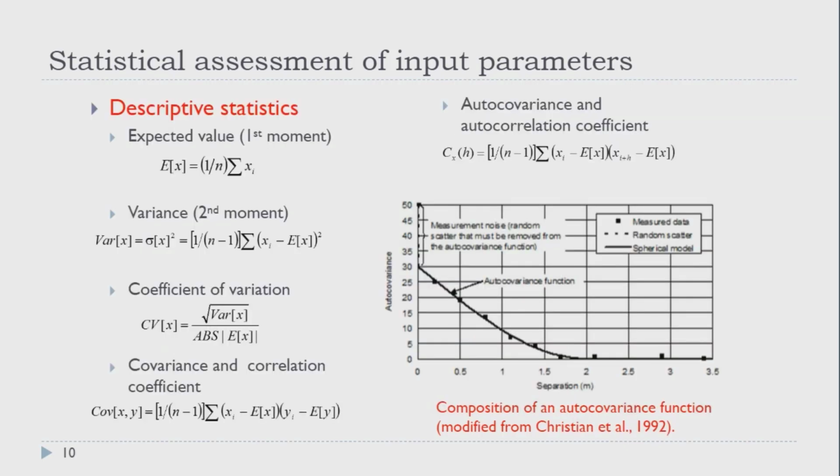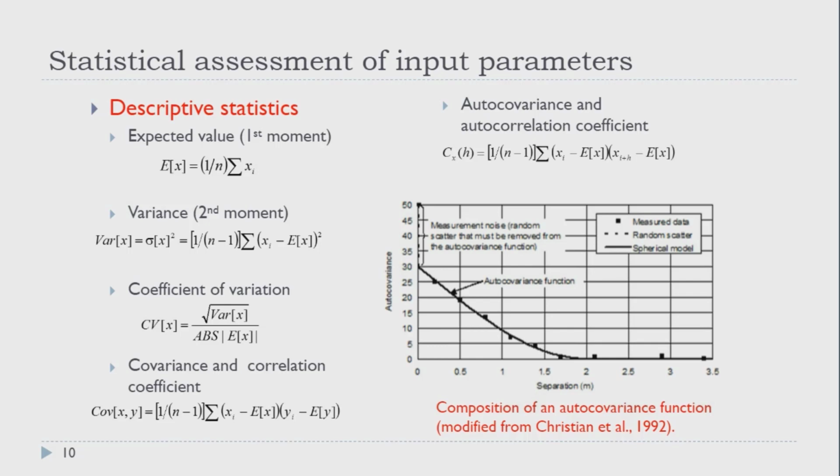Well, the first option is the most difficult one: descriptive statistics. Descriptive statistics is easy by itself. What is difficult is to gather all the data required to have meaningful statistics.